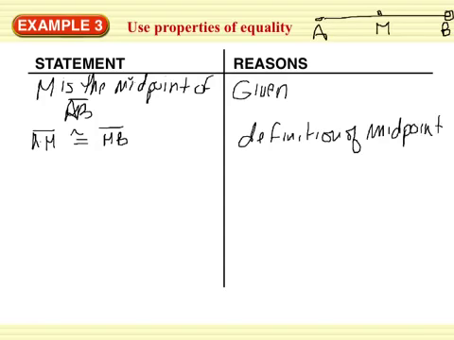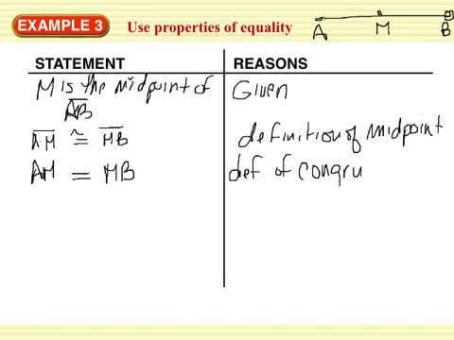All right, what else do we know? Okay, if we know that segment AM is congruent to segment MB, we know that the length AM, because remember, segments or pictures can be congruent, but lengths are equal. Something we have to keep on reminding ourselves because it's easy to forget. So this is the definition of congruent segments.